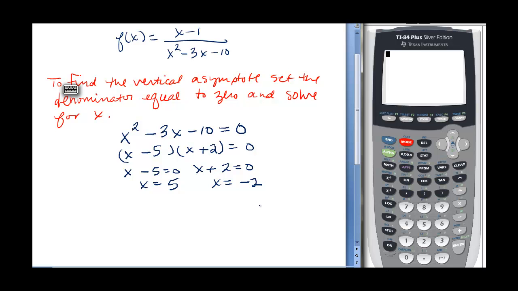Now, what happens to the graph as x approaches positive infinity and as x approaches negative infinity?